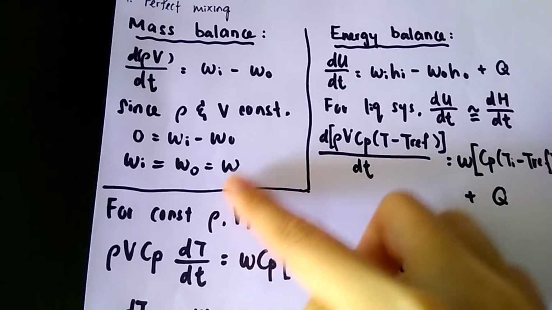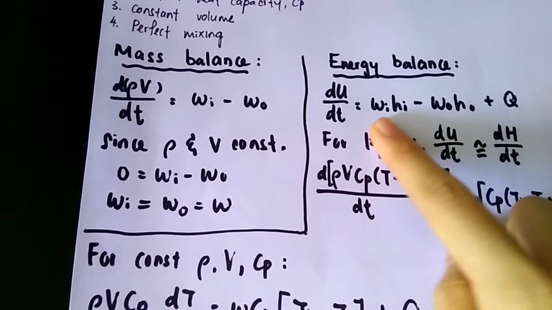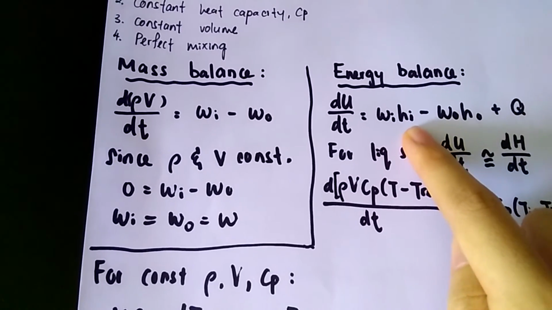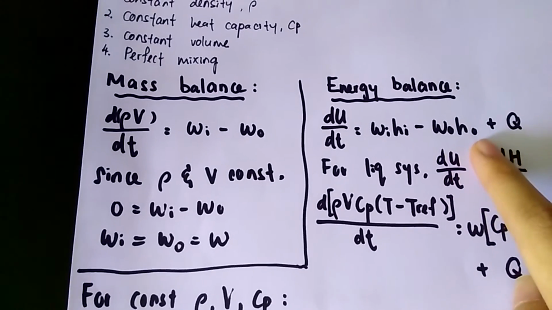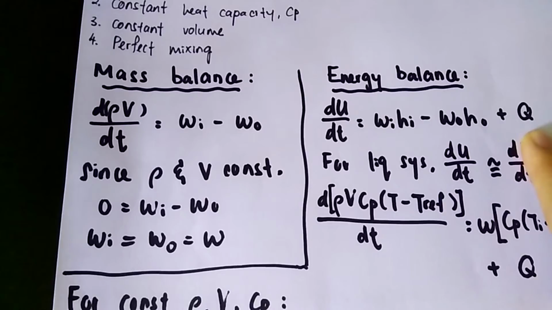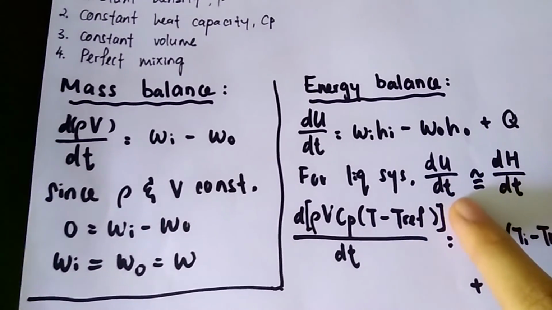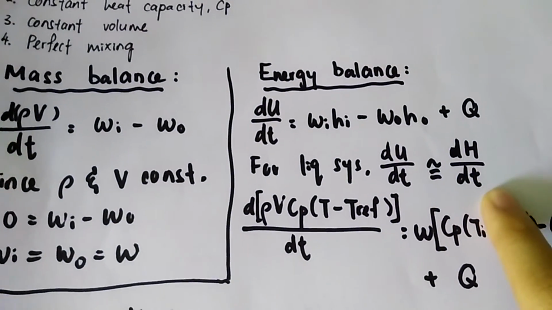Next is the total energy balance. dU/dt equals the mass flow rate in multiplied by the enthalpy in, minus the outlet mass flow rate times the outlet enthalpy, plus the heat supplied into the system. For a liquid system, dU/dt is equivalent to dH/dt.